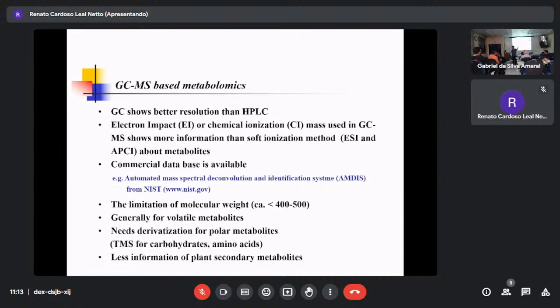What I mean is, for example, cholesterol. When you inject cholesterol without chemical derivatization, you can detect it in gas chromatography. But cholesterol is not a gas, right? How can you detect it?